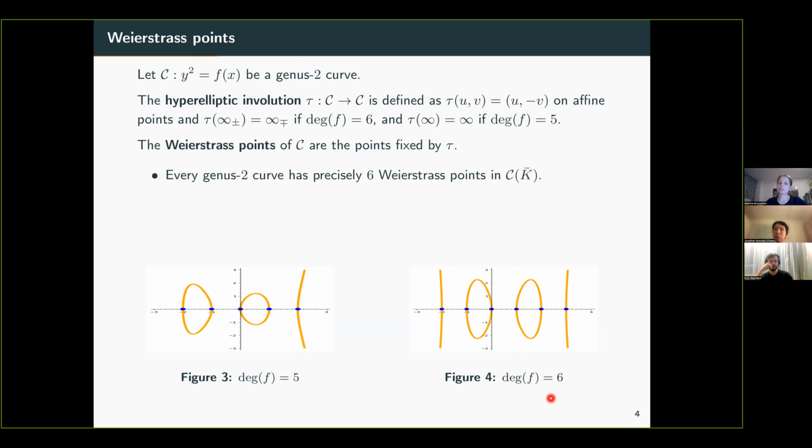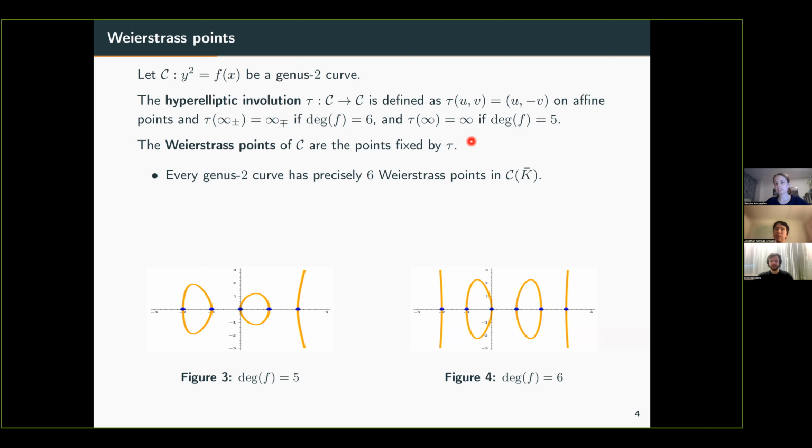Weierstrass points on a genus 2 curve are the points that are fixed by the hyperelliptic involution. This involution is a map from the curve to itself that sends a point (u, v) to (u, -v), so the sign of the y coordinate is flipped. This was the description for affine points.